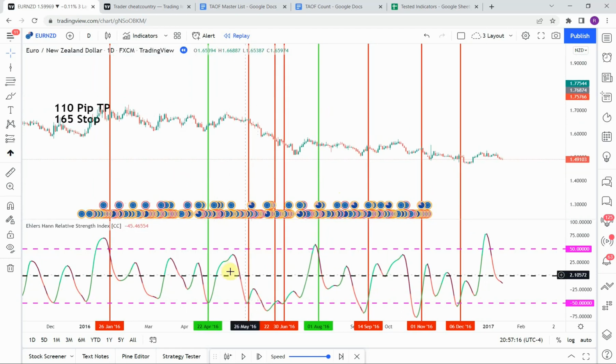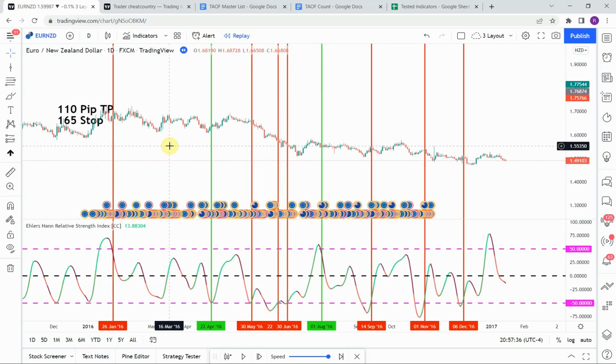Now, of course, I didn't test every single level here to see which one would work best. But if you look at the price action, you can definitely see that this RSI tends to pick up these dips and these pullbacks, moves in the market. It tends to pick it up pretty well.